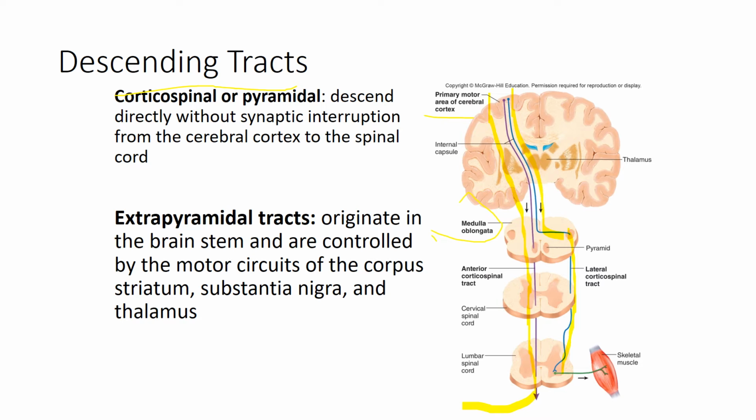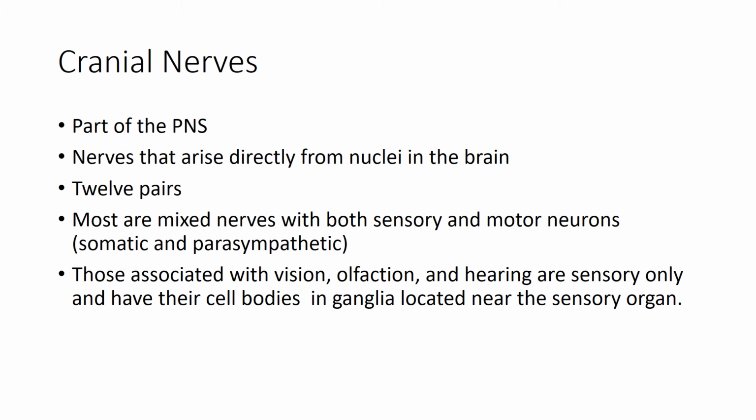The second type of tract, the extrapyramidal tract, this is where these axons are originating in the brainstem and are controlled by motor circuits of the basal nuclei. And so these are important for initiating body movements, maintaining posture, and then also controlling facial expression.